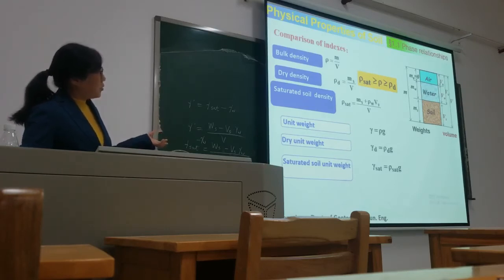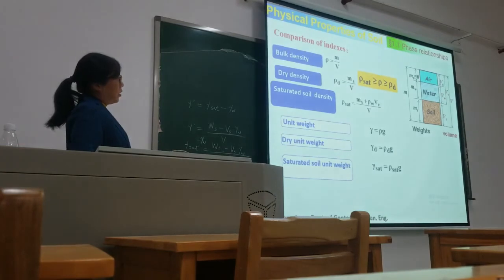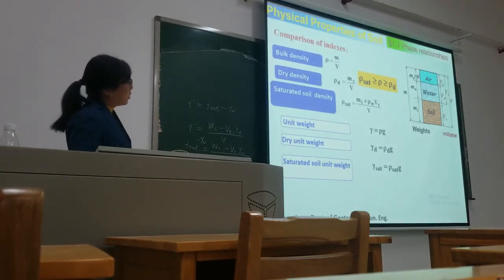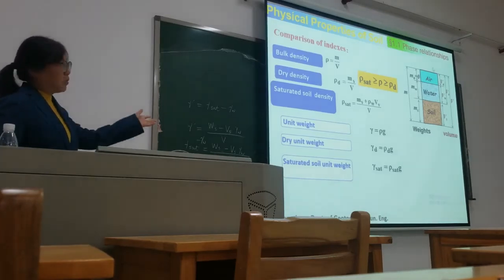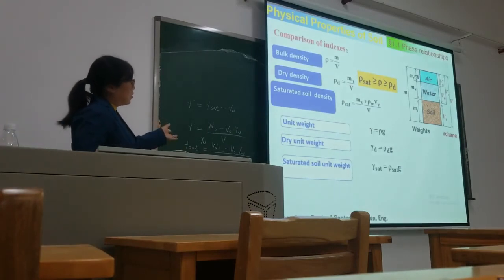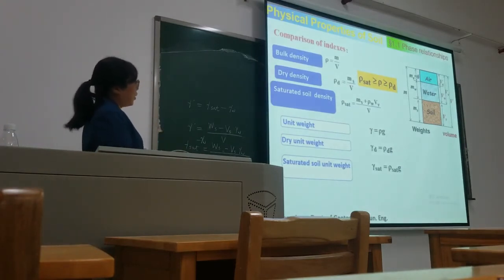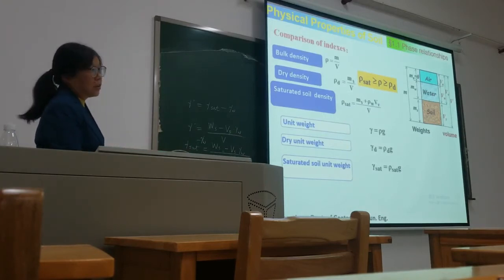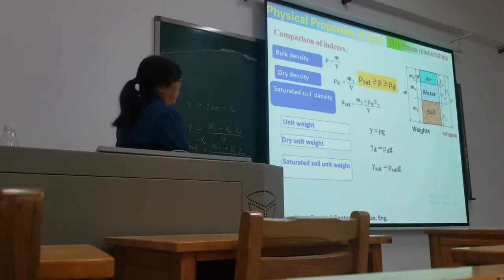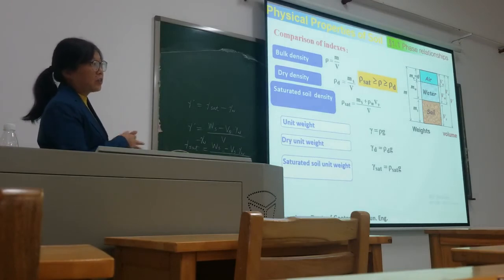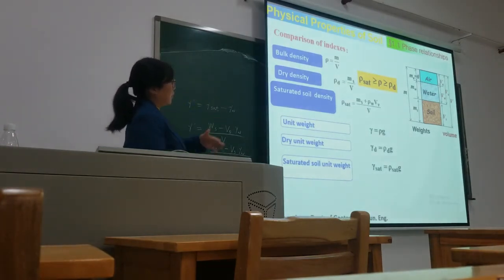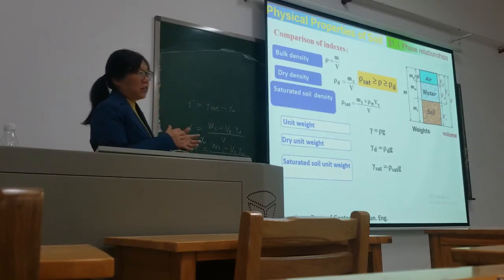How do you derive the conclusion? From the definition of the parameters and the relationship of phases to give explanation. Can you give me an explanation why the saturated soil density is the biggest?